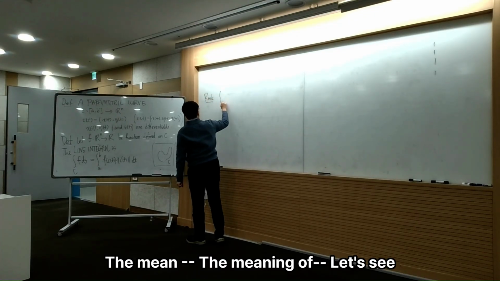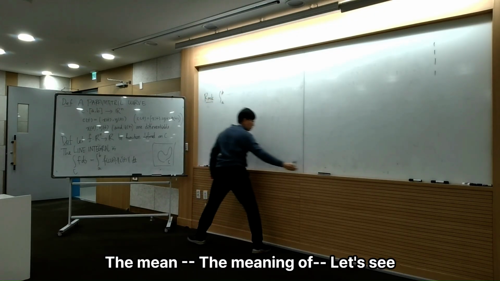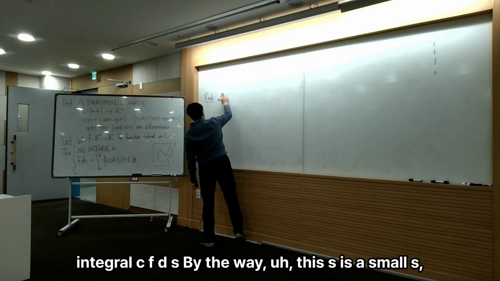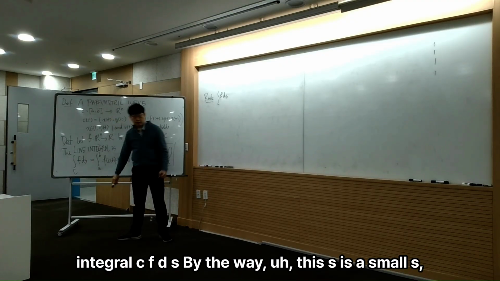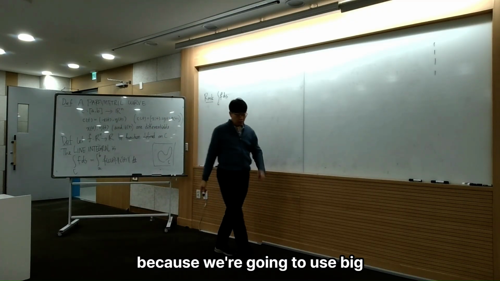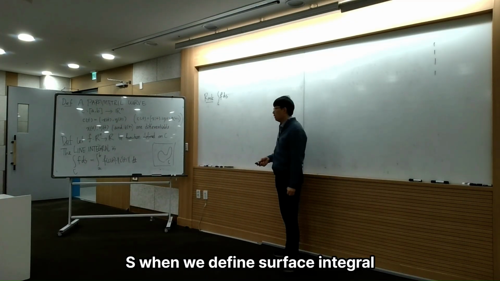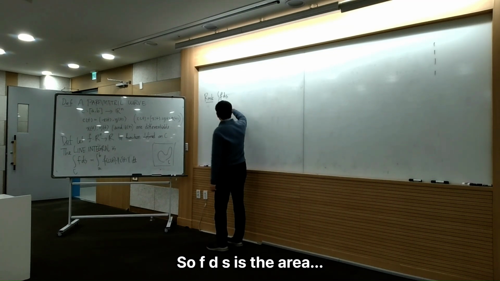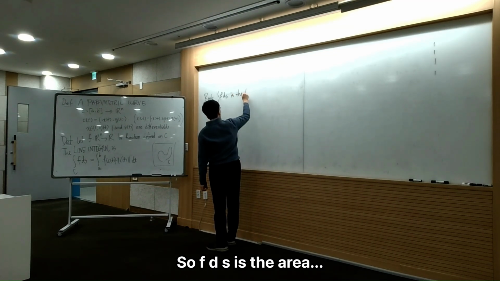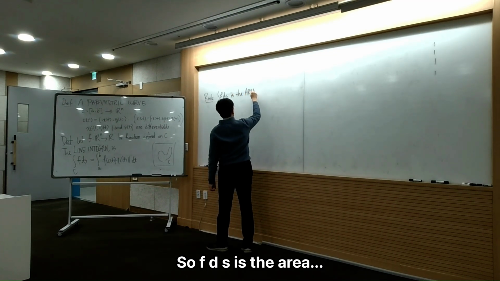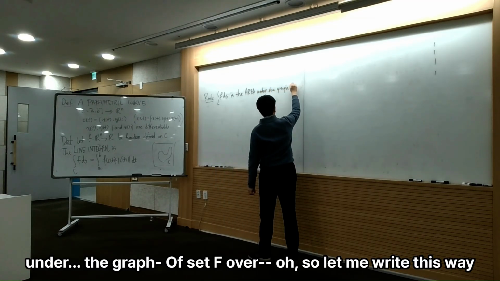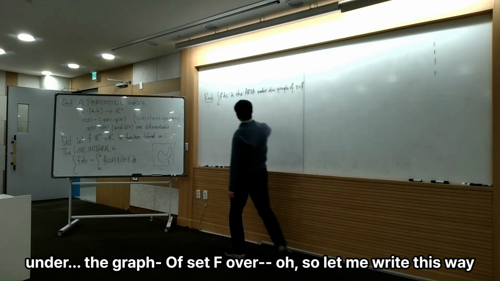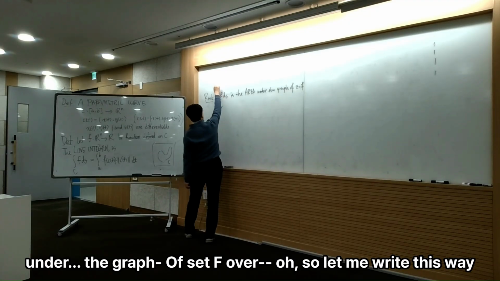The meaning of the line integral over C of f ds. By the way, this s is a small s because we're going to use big S when we define the surface integral. So f ds is the area under the graph of f.